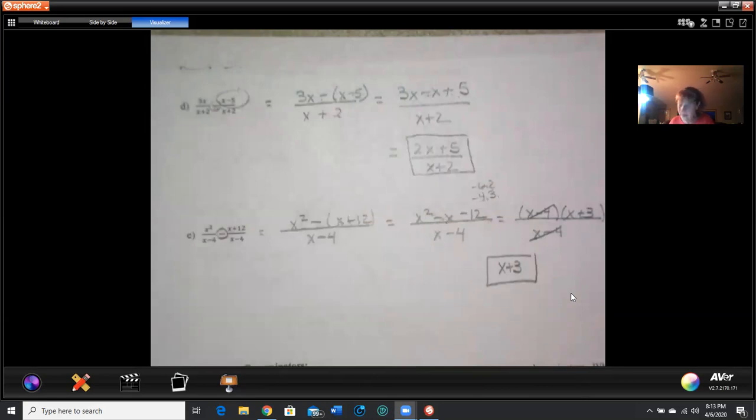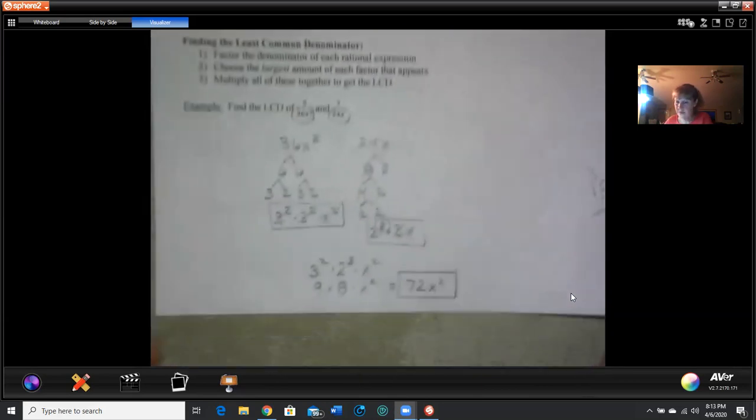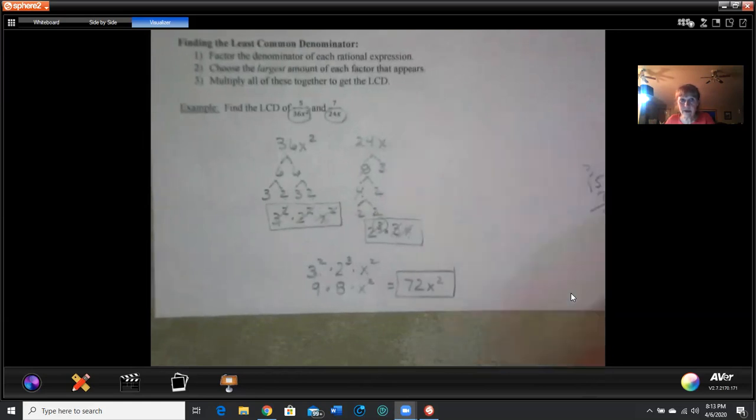And then looking for the least common denominator here, you factor them, you break them into parts, and then write them with exponents once you've done that. And you take the highest power of everything in both groups. So like in this one, we had 3 squared was the highest power, 2 cubed was the highest power, and x squared was the highest power.